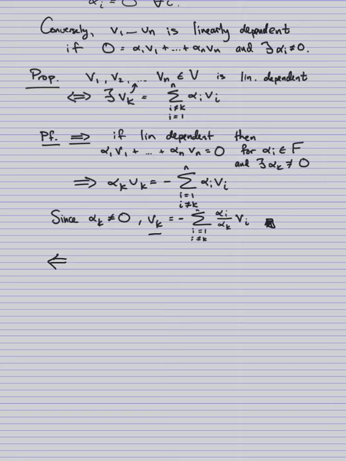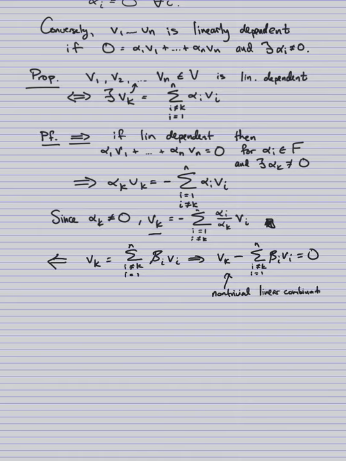For the other direction, if you know that you can write v sub k equal to the sum of the rest, maybe we'll use a different Greek letter, beta i v sub i, well then certainly we can write v sub k minus this sum of beta i v sub i equal to 0, and this is a non-trivial linear combination.